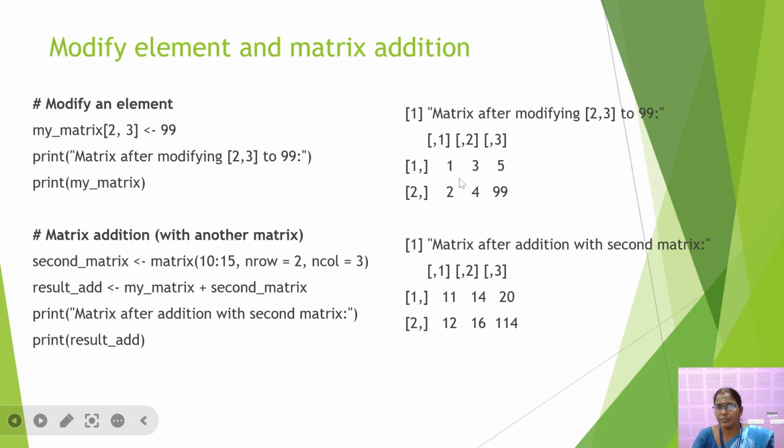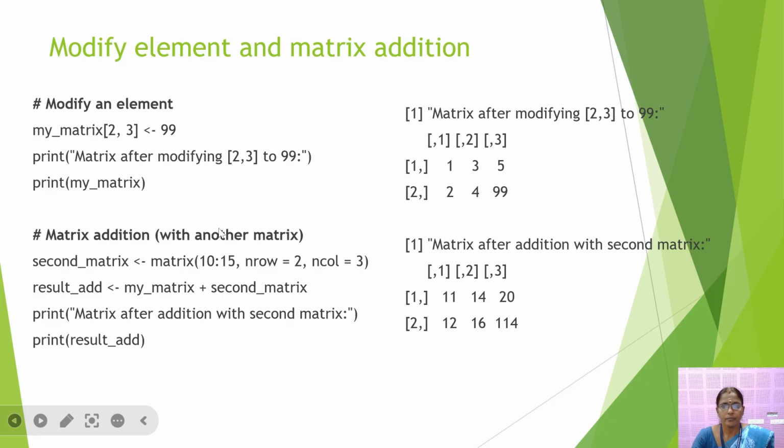Third column. This is the first column, second column and this is the third column. So second row and third column means the location is this location. If you want to modify it with the value 99, it can display the result like this. So the matrix after modifying 2, 3 is displayed like this.